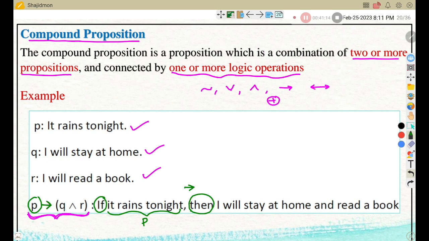In the bracket it is mentioned Q and R. So first we need to write Q: I will stay at home. Then we use "and," because this logical operation is there. R means I will read a book. So when we write it, it will come: if it rains tonight, then I will stay home and read a book. That is the compound statement written in English.